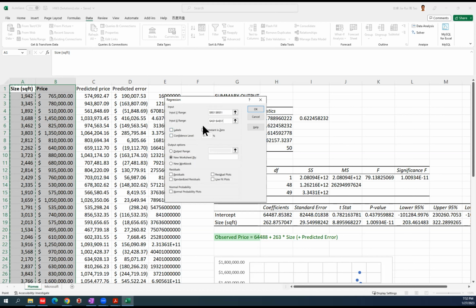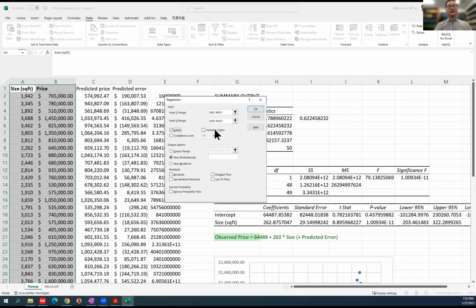So here, those are the cases we need to consider. Whether the variable has labels. Here, because both columns have the top row as a variable name, I can check that it includes a label. Here, constant is 0. We should not use this because we want to supply an intercept.